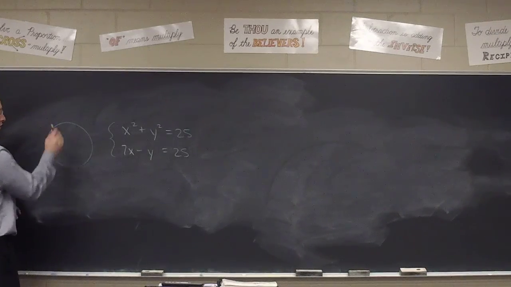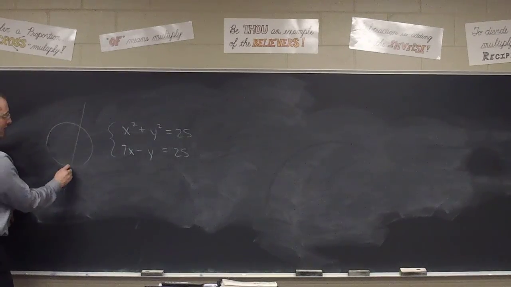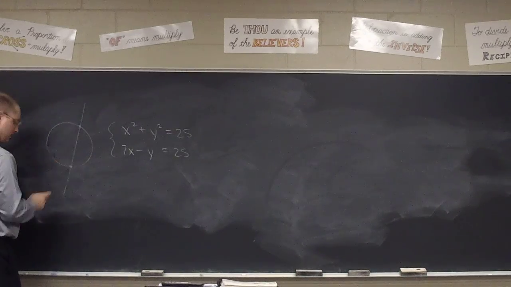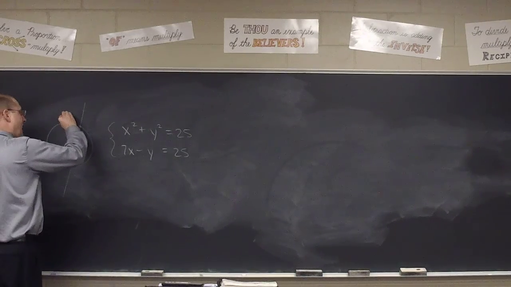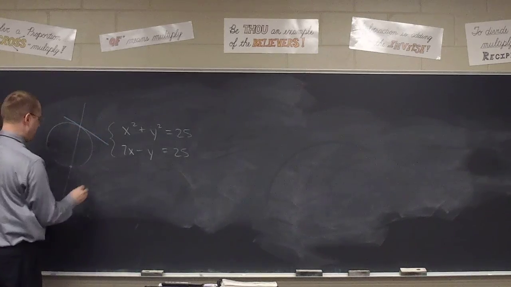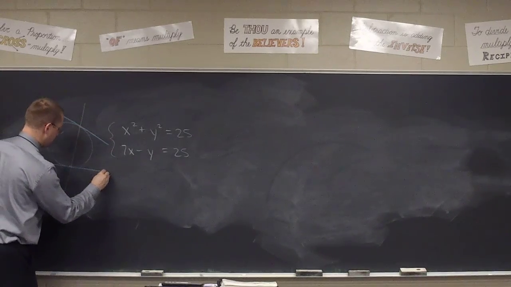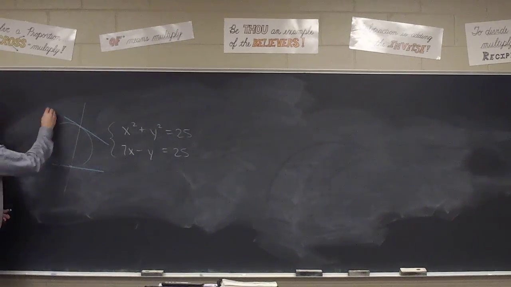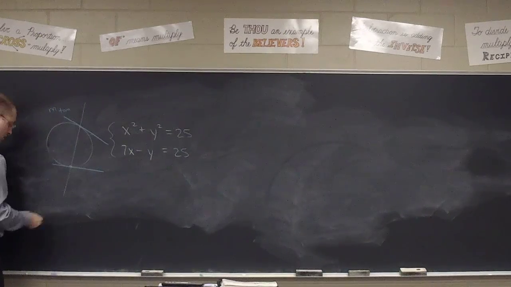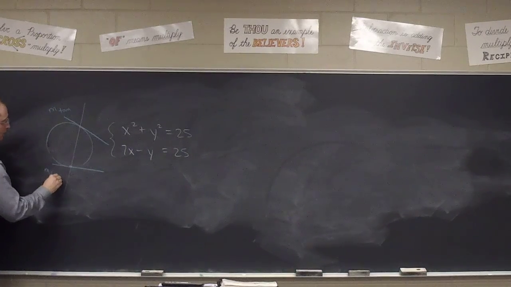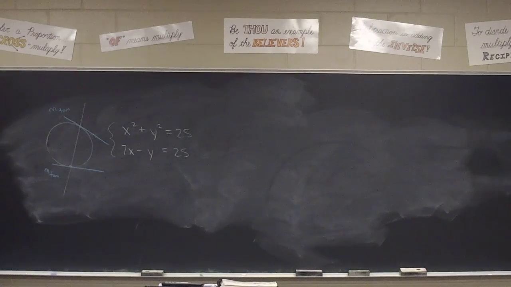So let's assume we have a circle here, and we have a line, and the line intersects at 2 points. Well, at each point, I could draw a tangent to the circle, correct? The question is, what is the slope of this tangent? Well, in order to know that, first of all, we've got to figure out what these 2 points of intersection are.